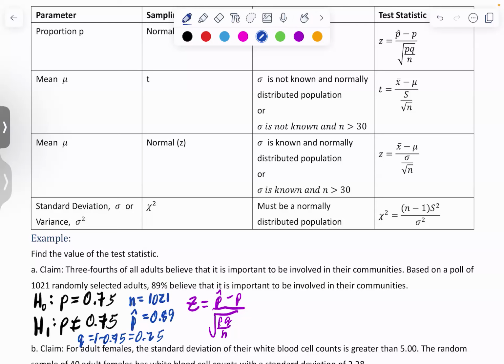All right, so here we go. So P hat, 0.89, minus P, which is 0.75, divided by the square root of 0.75 is P, Q is 0.25, over n, which is the 1,021. Now we have to be really careful how we put this into our calculator.